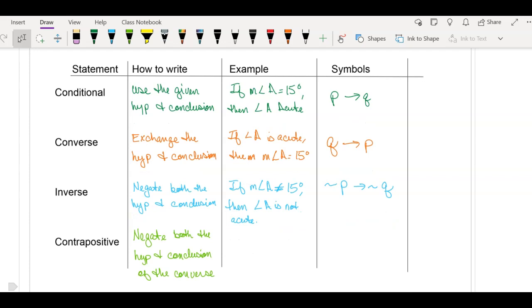So last but not least is the contrapositive. For this one, we're going to negate both the hypothesis and conclusion of the converse.